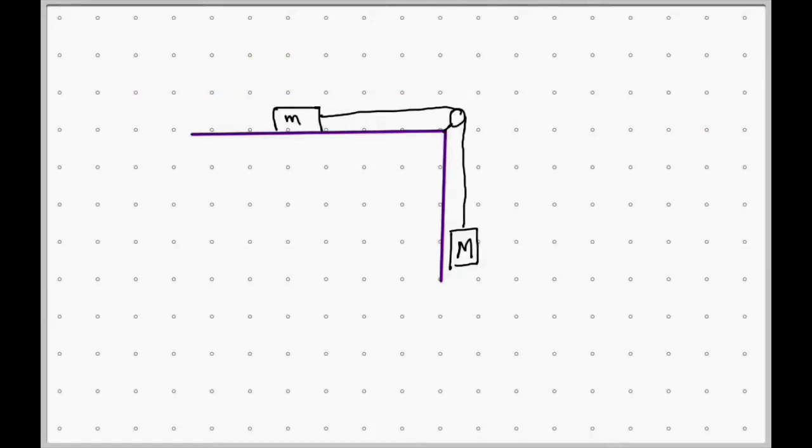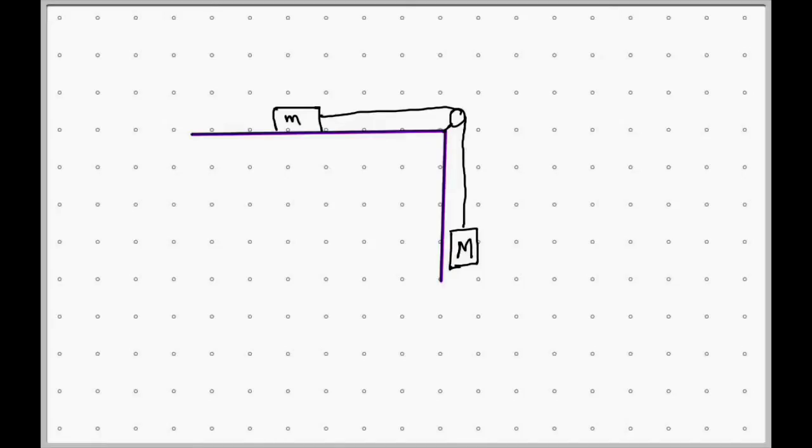This is a second type of connected system, with one mass moving horizontally, the other moving vertically. Let's assume first that there is no friction, so the little mass is moving over a frictionless surface.